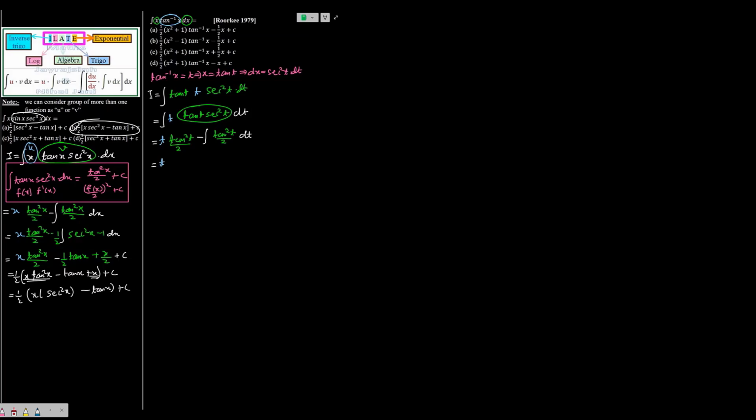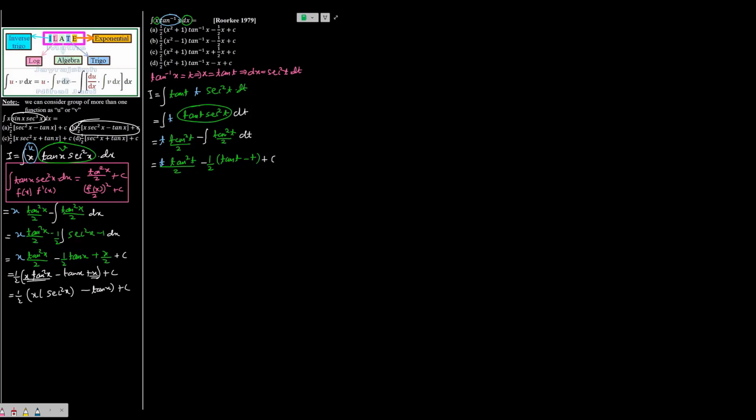Now your first term will be as it is. In the second term, 1 by 2 tan square t is converted into sec square t minus 1. So its integration will be tan t minus t plus c.